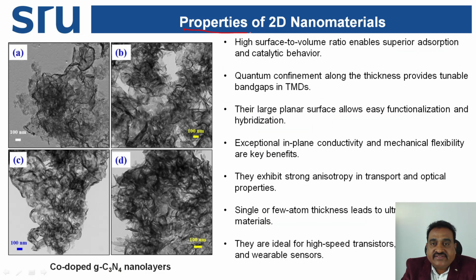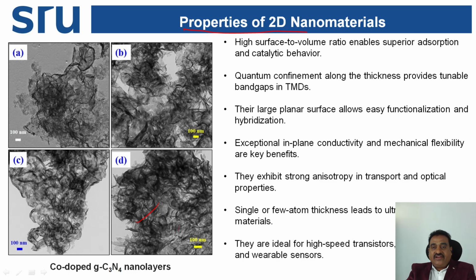Properties of two-dimensional nanomaterials. The two-dimensional nanomaterials have high surface area to volume ratio, enabling superior absorption and catalytic behavior. So this is the co-doped related one we clearly understand here.